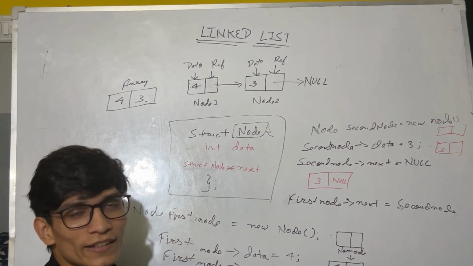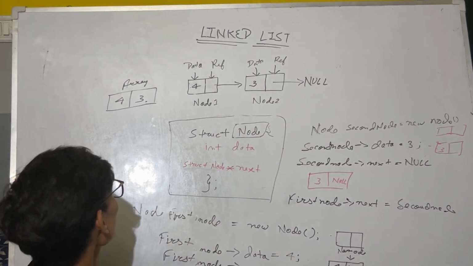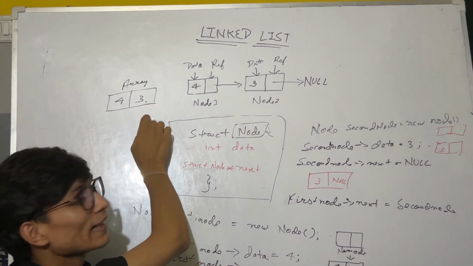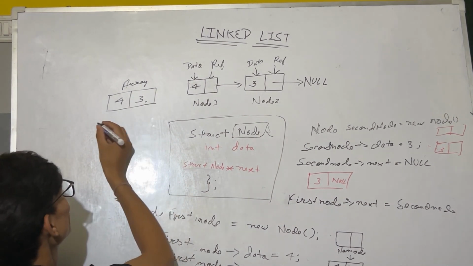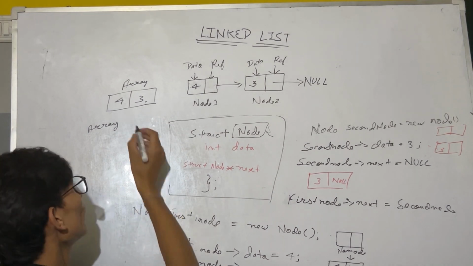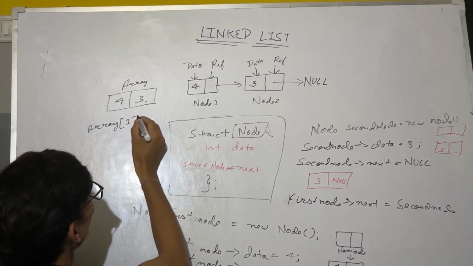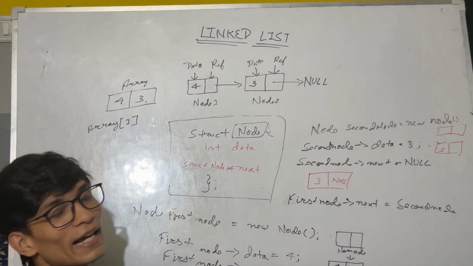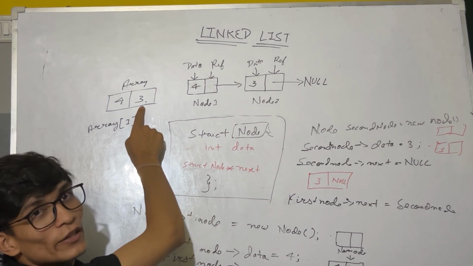But everything has some pros and cons, so there are some cons as well. Let's see what these are. In an array we can directly access the third element. Suppose the name of this array is array, and we want to access the 3 which is at index 1. We can directly write array of 1, and it will give us the value 3 directly, the value at the first index.